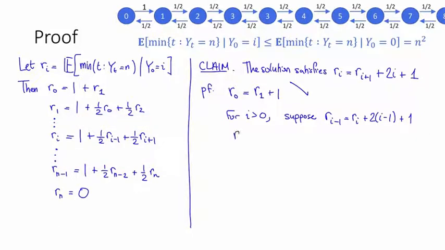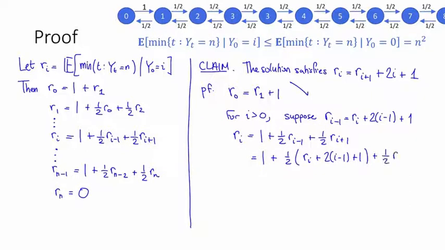we have r sub i is equal to 1 plus 1/2 r_(i-1) plus 1/2 r_(i+1). And now plugging in this for r_(i-1), this is equal to 1 plus 1/2 (r_i plus 2(i minus 1) plus 1) plus 1/2 r_(i+1).